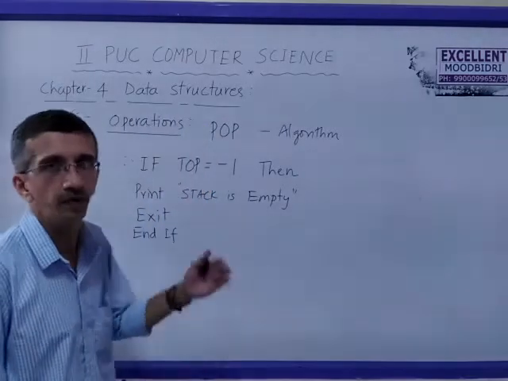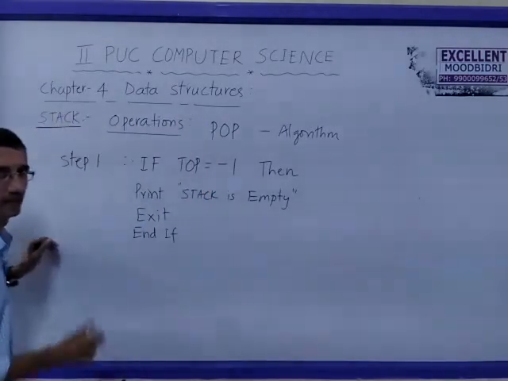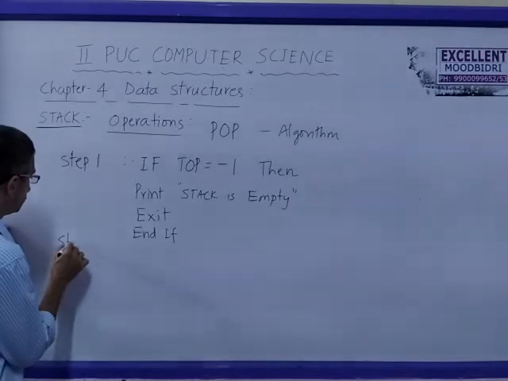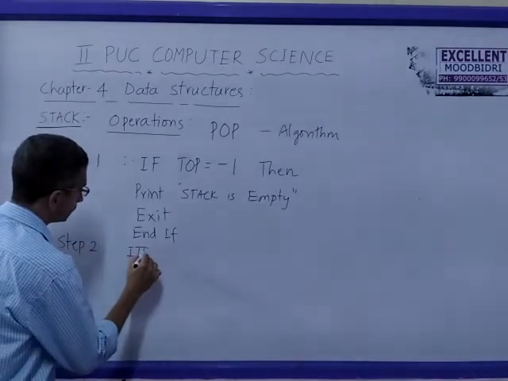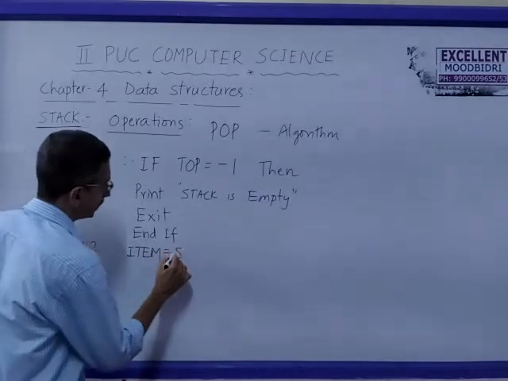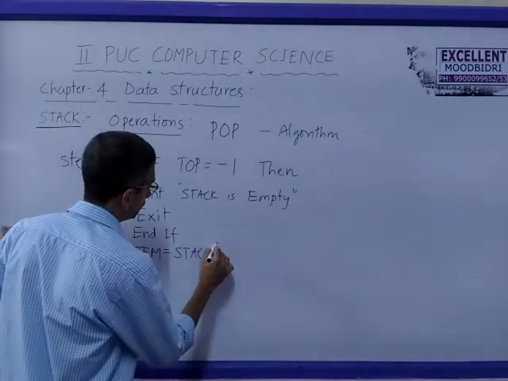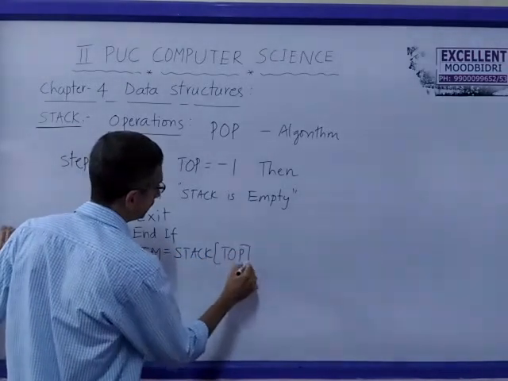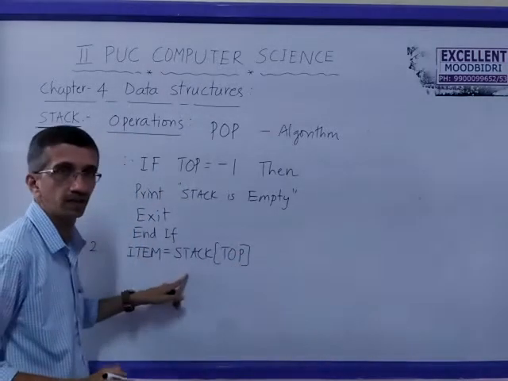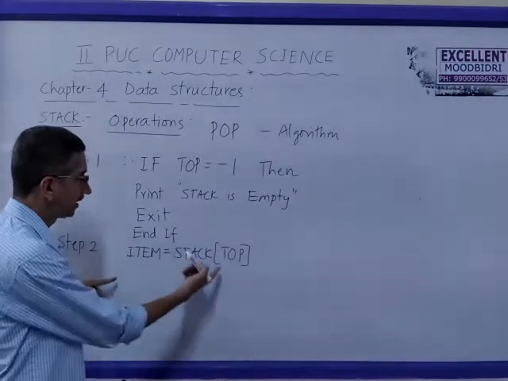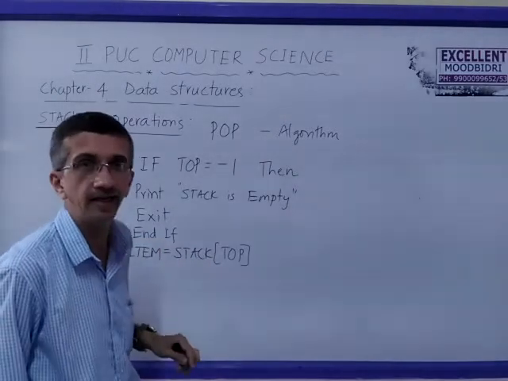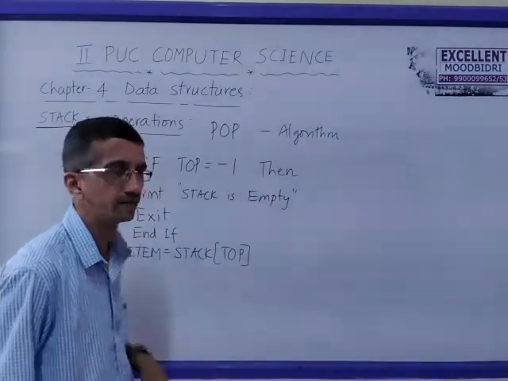So step 2: item is equal to stack of top. Remember, this is the array notation because top is the index here and stack is the name of the array. So that item is first stored in a variable like item so that you can display it.